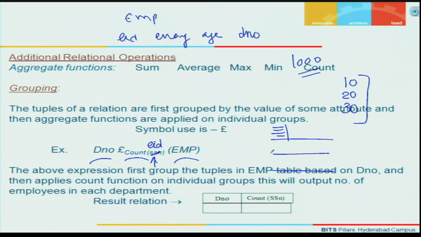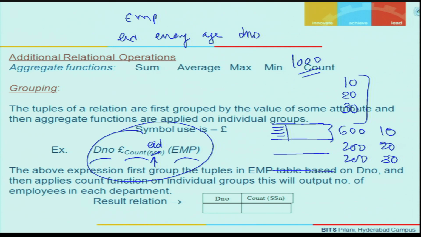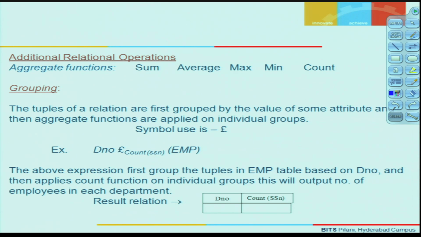If you count on employee ID, the distinct values, it will always give you the number of tuples in each group. Similarly, assume 600 with department number 10, 200 with department number 20 and 200 with department number 30, and if you apply this grouping operation, what will be the shape of the result?